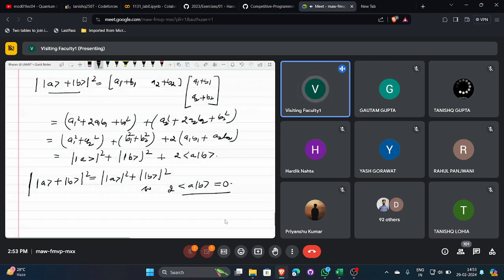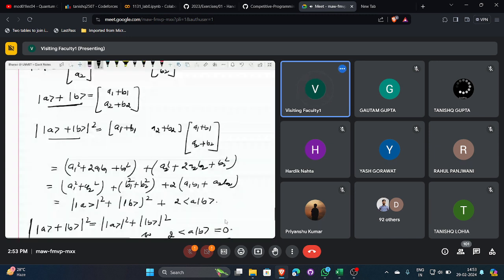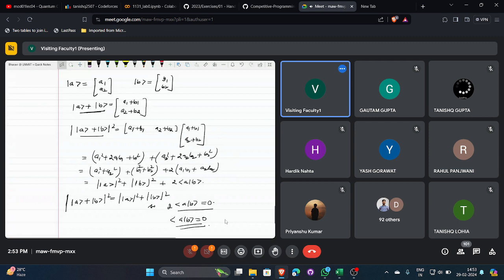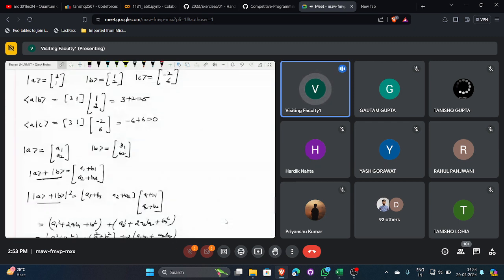Or in a simple way, when we say vectors A and B are orthogonal, when we combine them, the result is 0. Is it clear? So I've given you a basic idea of vectors and what the bra and ket notation is that we will be using in qubits.